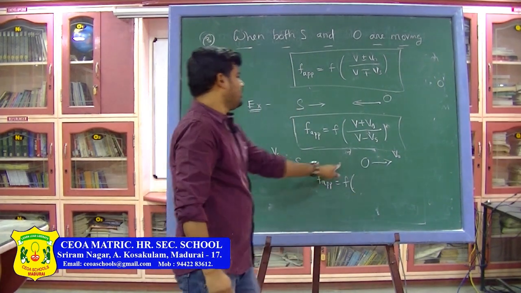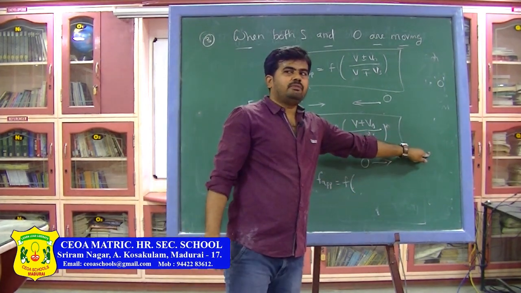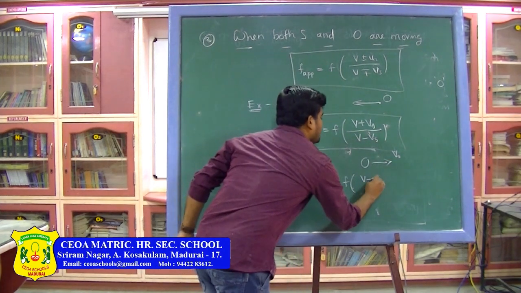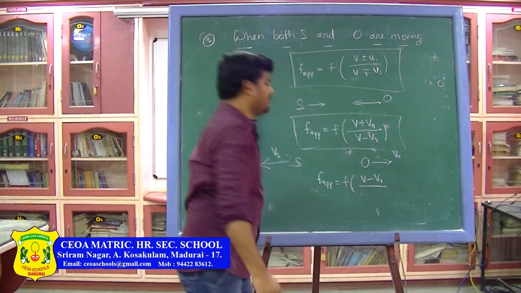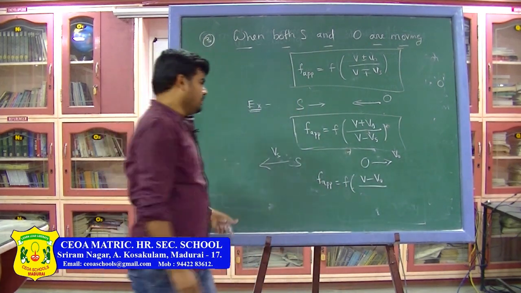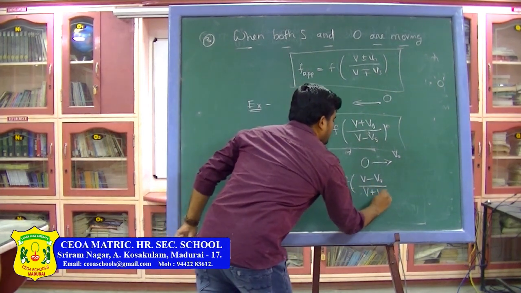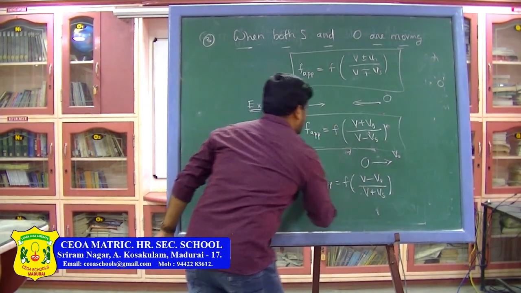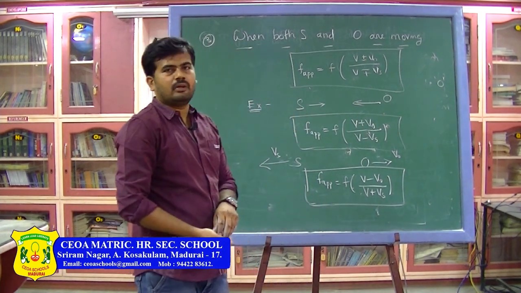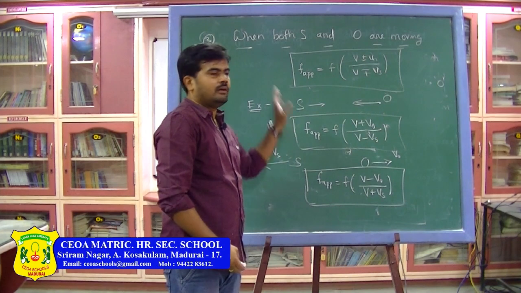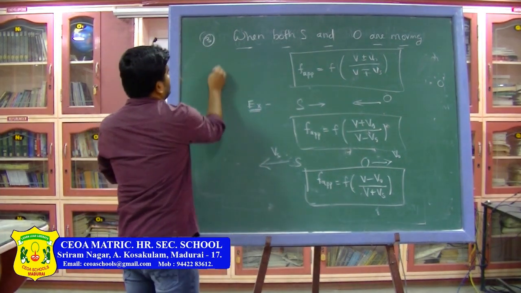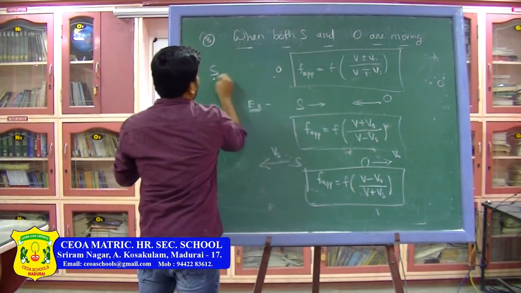As the observer is moving away, the relative speed with which he receives the waves will decrease, that means V minus V naught in the numerator, and here the source is moving away from the observer. So, in the denominator it can be V plus Vs. So, this is the apparent frequency. So, two cases when both source and observer are moving. Remember, in all these cases we assumed that the source and observer are along the same line.